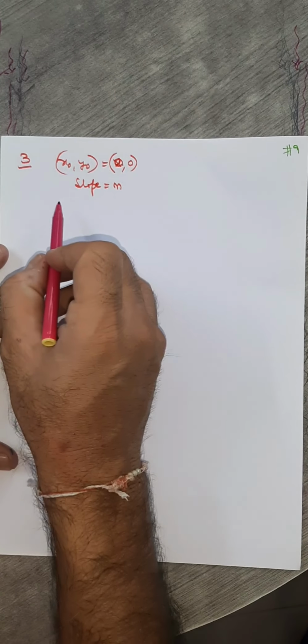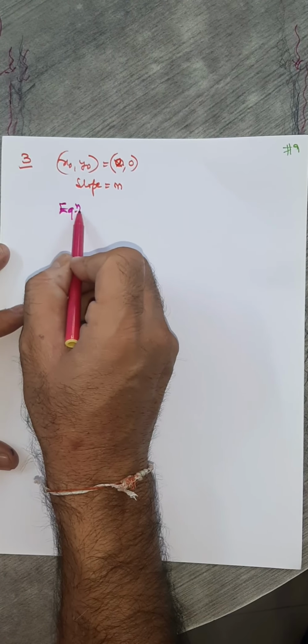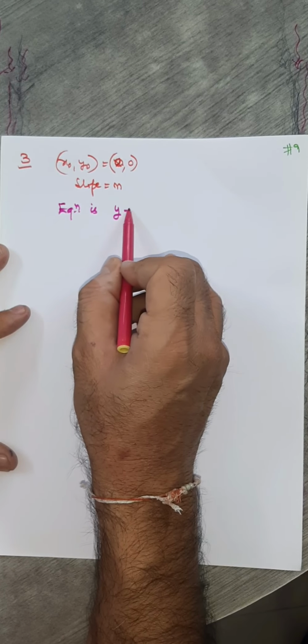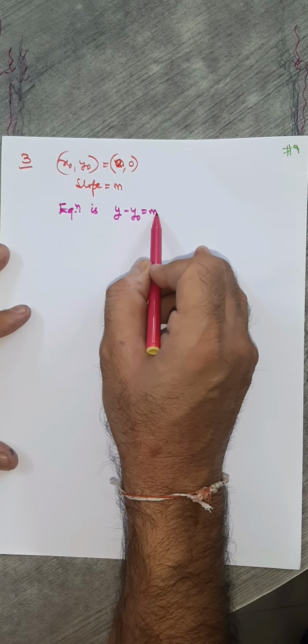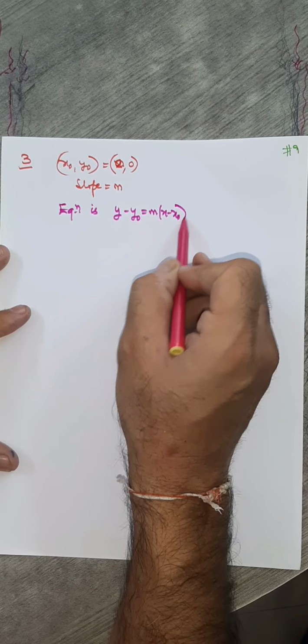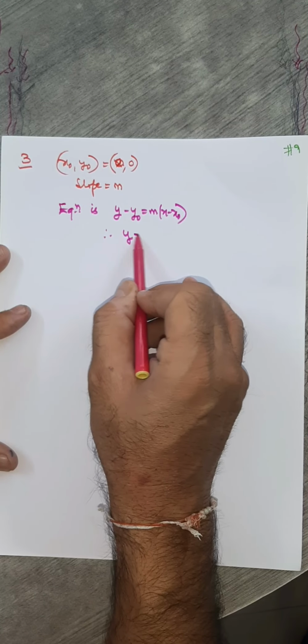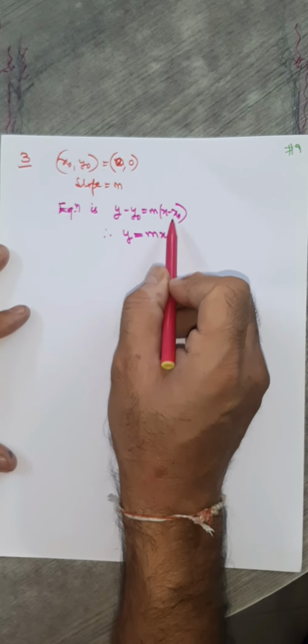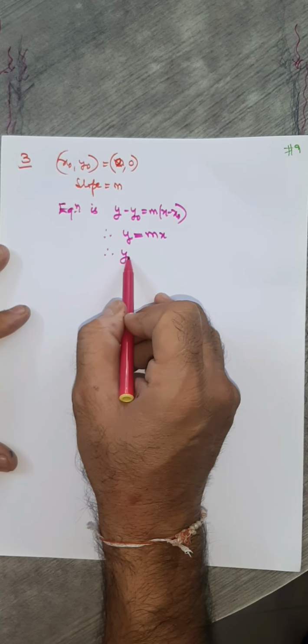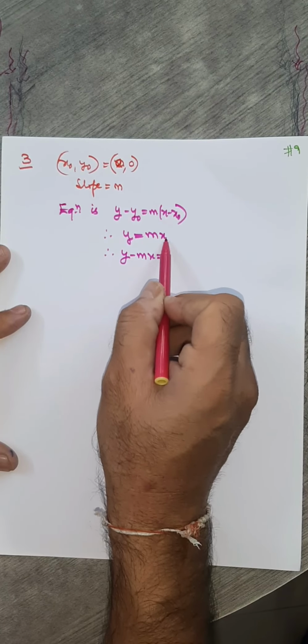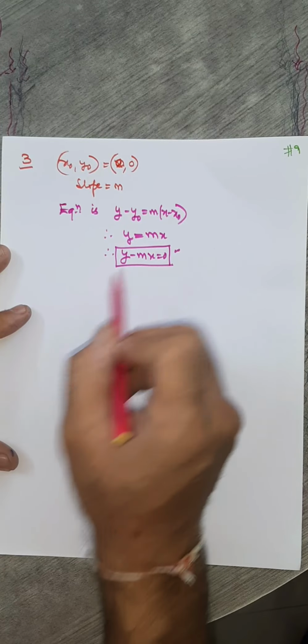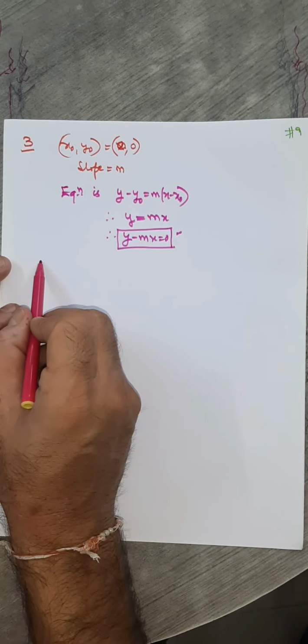What will be the equation here? The equation is the same, point slope: y minus y0 equals slope into x minus x0. This is 0, so y is equal to mx, and this is also 0. So you can write, if you want, y minus mx equals 0, or this one. That's the required form. Okay. Fourth one.